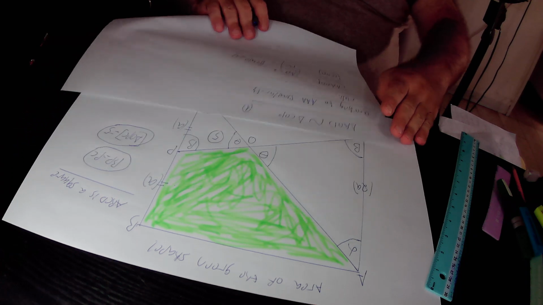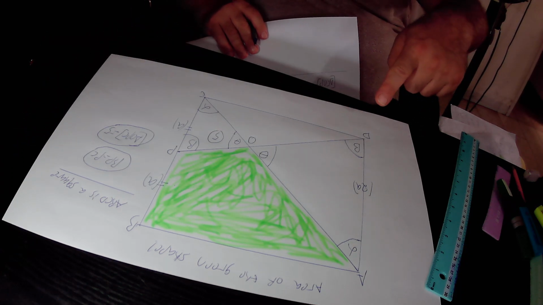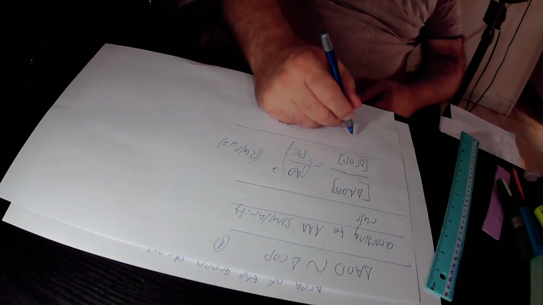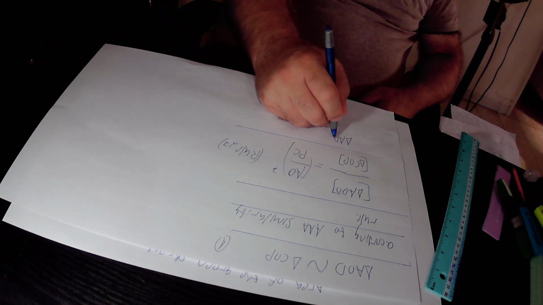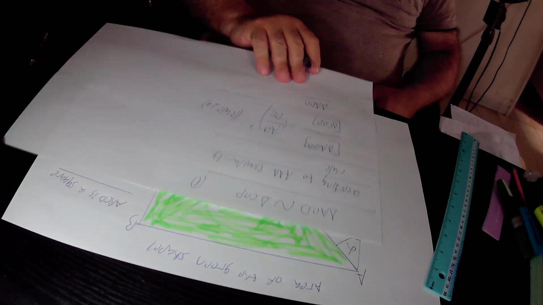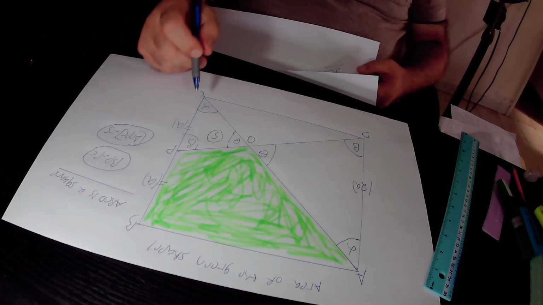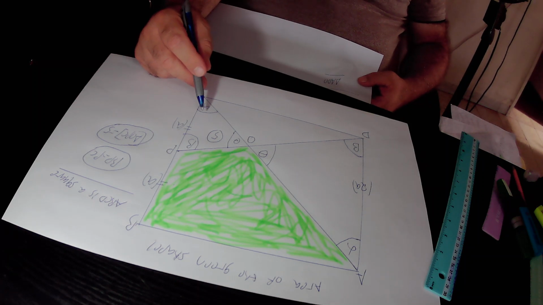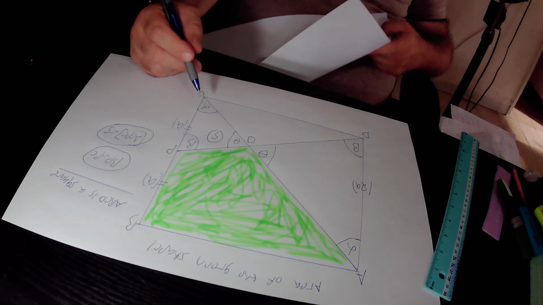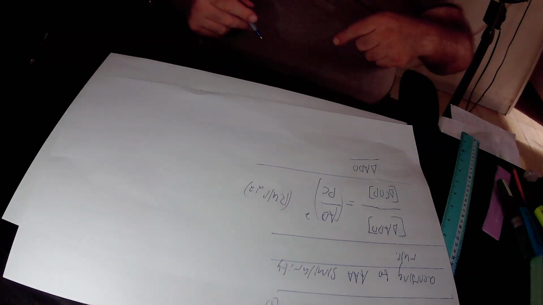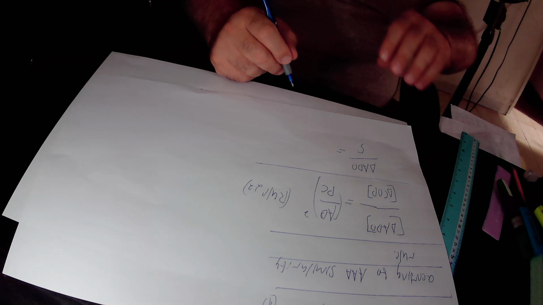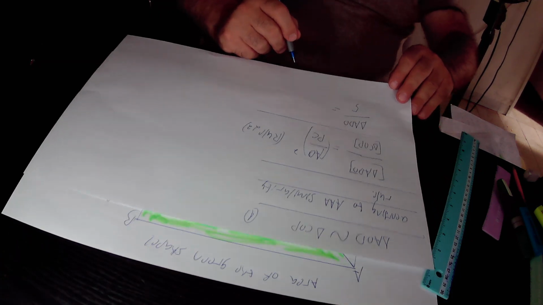So, the area of triangle ADO is unknown, so we leave it as it is: the area of triangle ADO over the area of triangle COP. It is given in the question that the area of the small triangle COP is equal to 5 square units. Therefore, we substitute the area of triangle COP by 5, and it is equal to AD over PC squared.